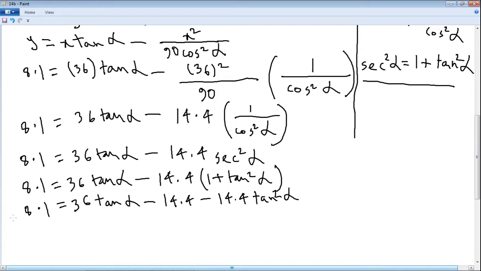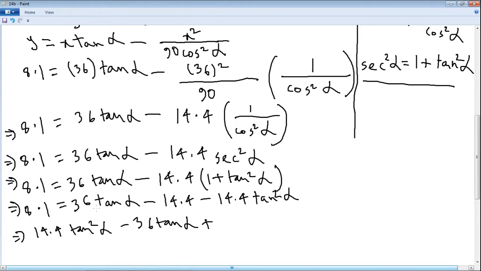If I rearrange this, we'll get something like this: 14.4 tan squared alpha minus 36 tan alpha, and this becomes positive 8.1 plus 14.4 equals 0.